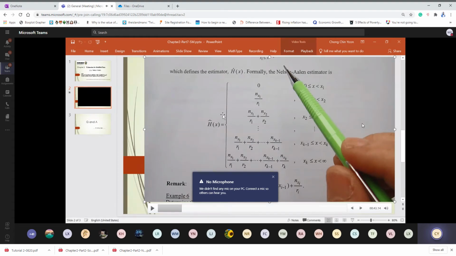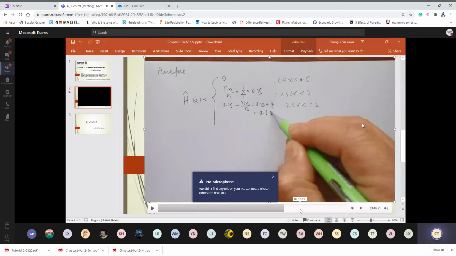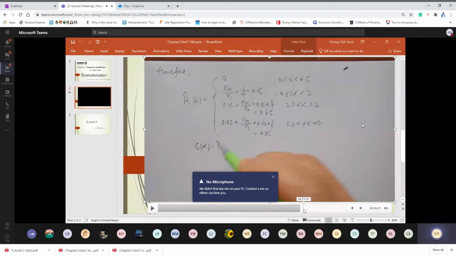But from this piecewise function in terms of this cumulative hazard rate function, we can use recursion to calculate. And after that, the question may ask you to find the probability of survival. So then after that, we can use a formula to convert to this survival. That is in this example that we showed already, this formula.